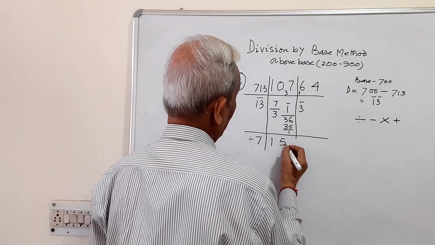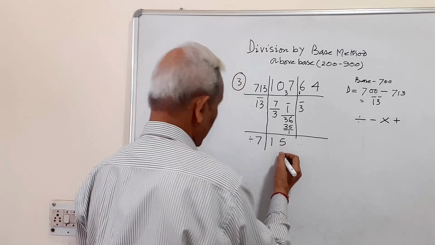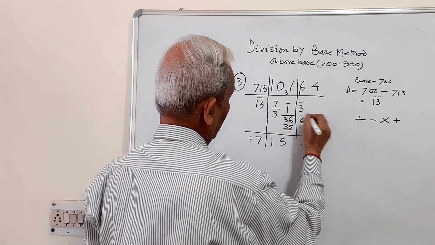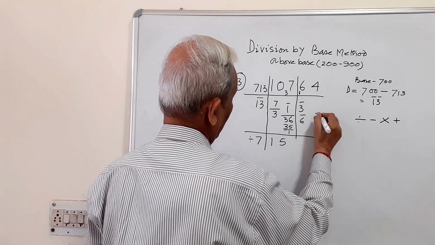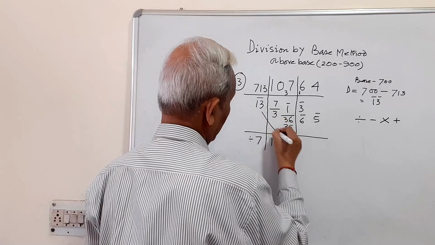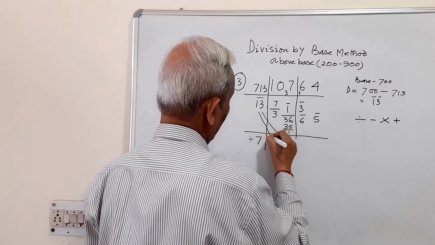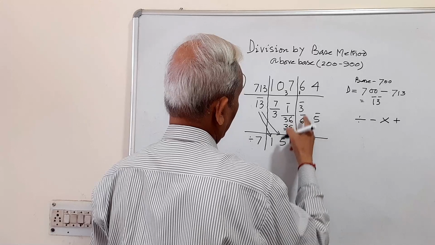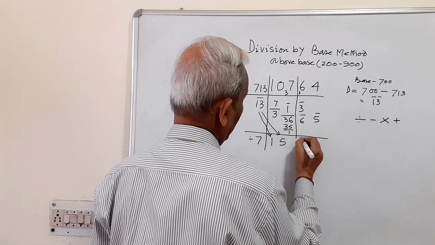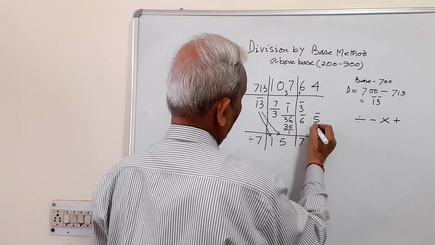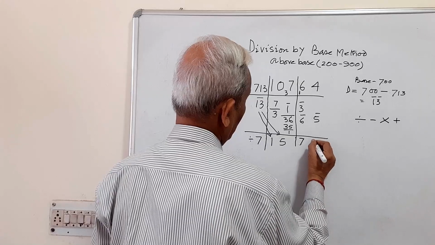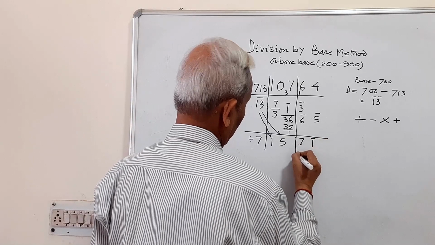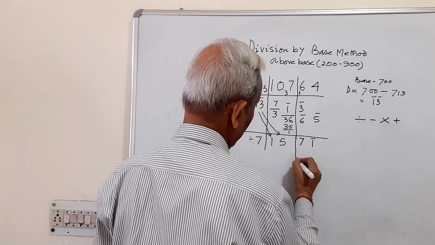Right, now 5 into 13 bar is 6 bar, 5 bar. 5 into 13 bar. 6 bar, 5 bar. Now 6 plus 3, 9, plus 16 is 7, and 5 bar plus 4 is 1 bar. Now just devinculate it.